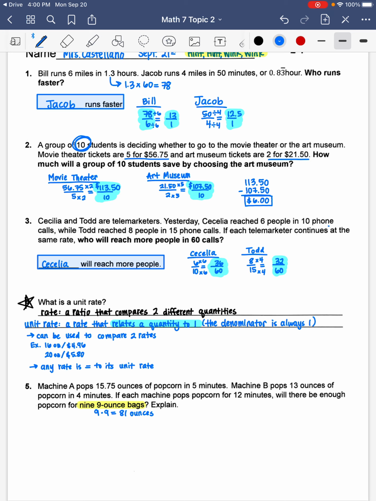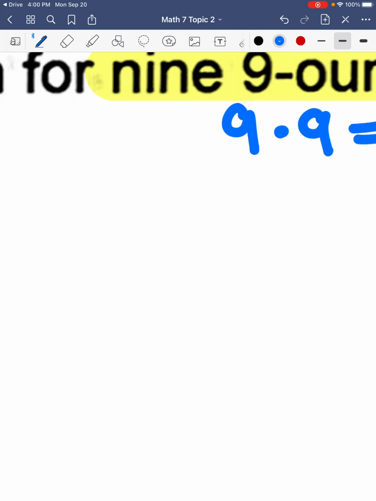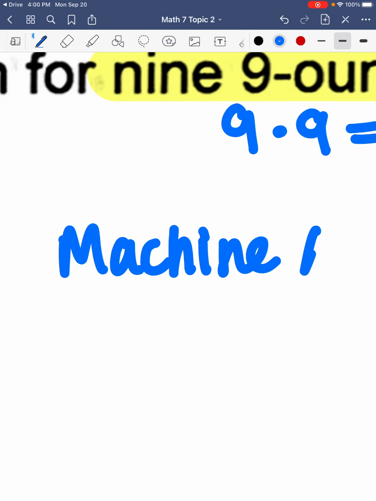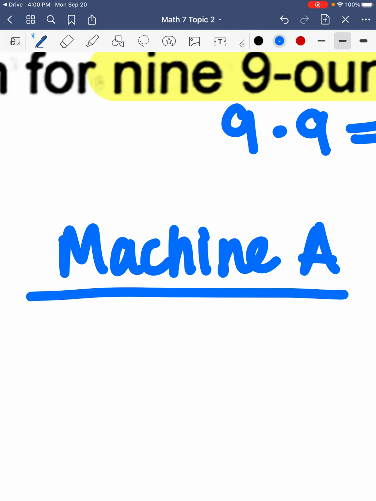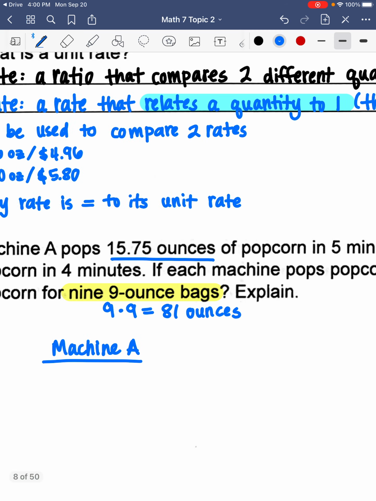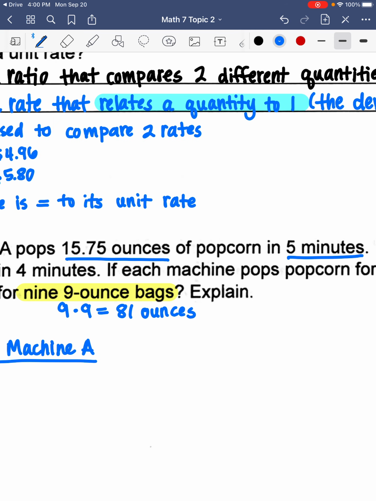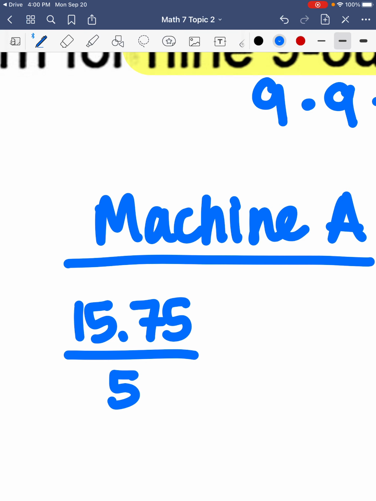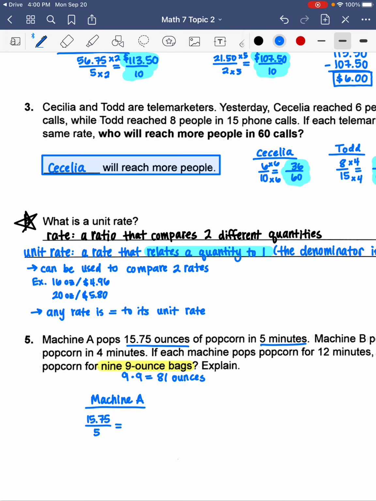So let's start with machine A. Machine A pops 15.75 ounces of popcorn in 5 minutes. So that's going to be our rate. 15.75 over 5. But I want to know how much popcorn it pops in 12 minutes.